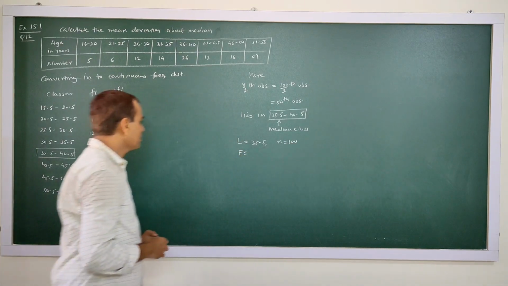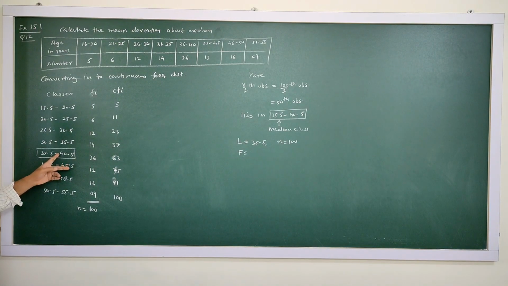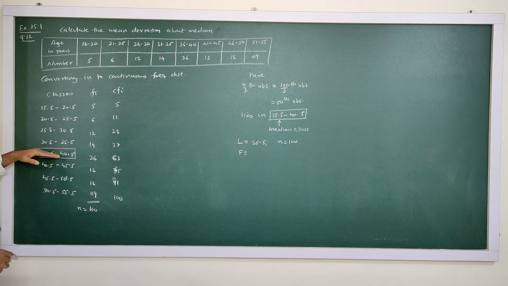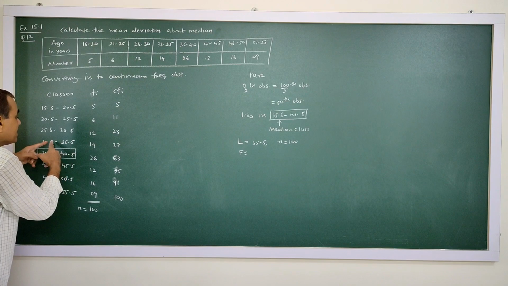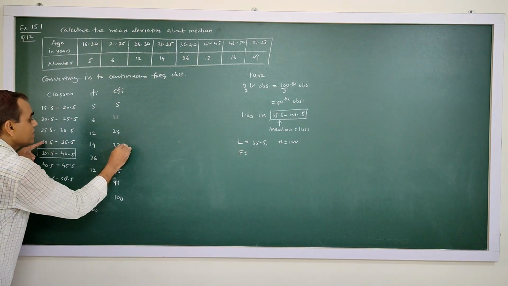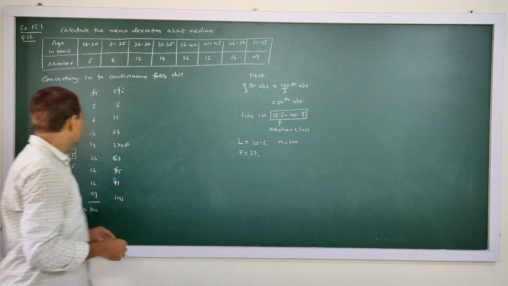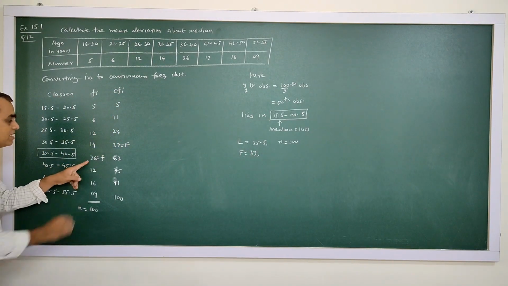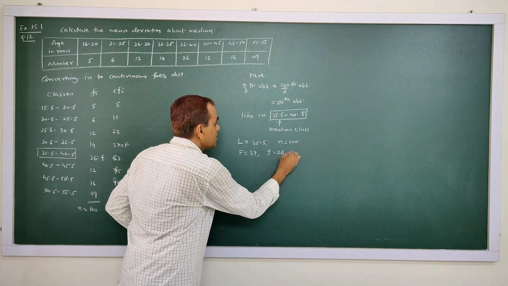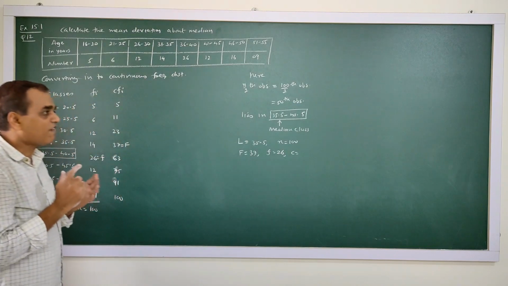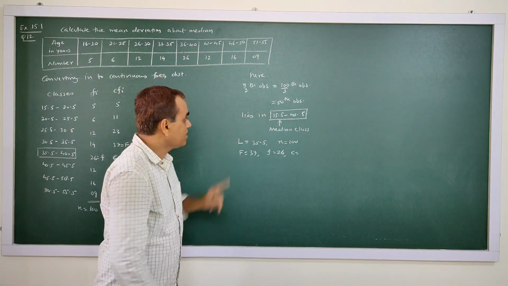Capital F will be the cumulative frequency of the class just preceding the median class. So capital F is 37. Small f is 26, the frequency of the median class. C is the class width of the median class. The difference of these two numbers is 5.